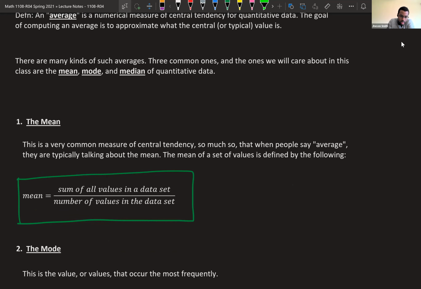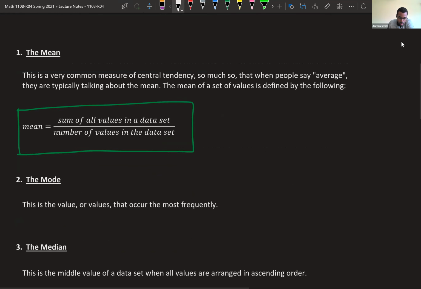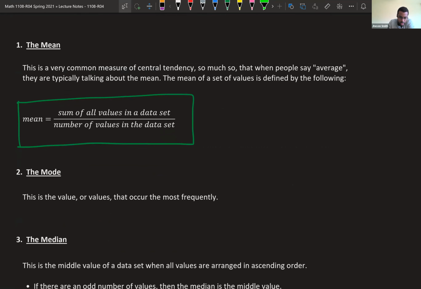There's another way to write that down, which I guess I can write here.